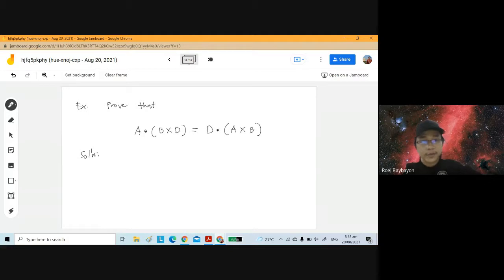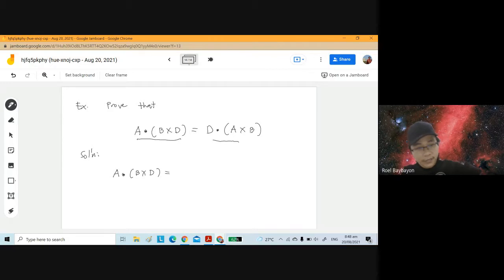Okay? Now, proof. Solution. Okay, let's start from here. And then we go to the right equation. So we start here, A, dotted with B cross D. Now, I know the definition of the dot product is this.